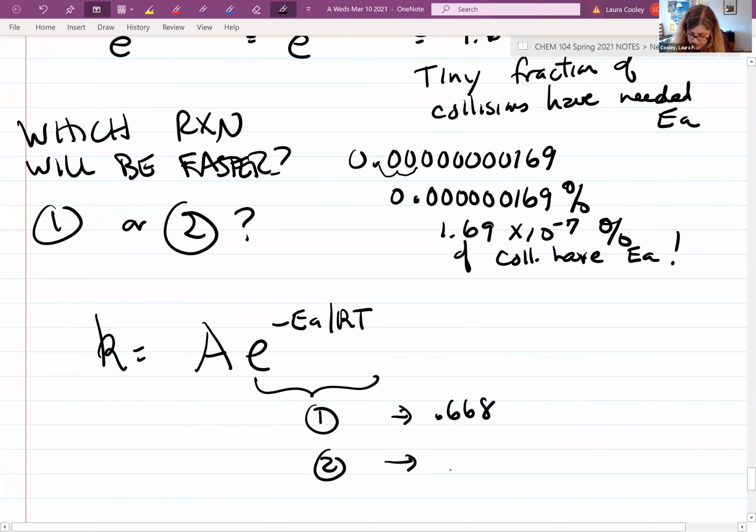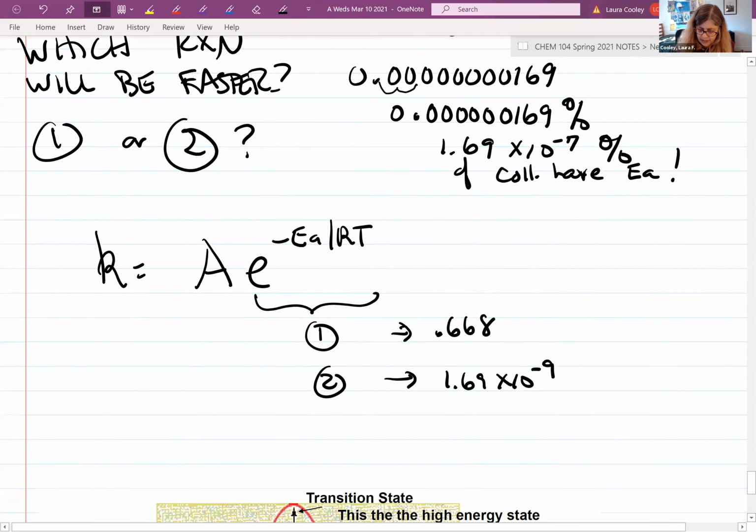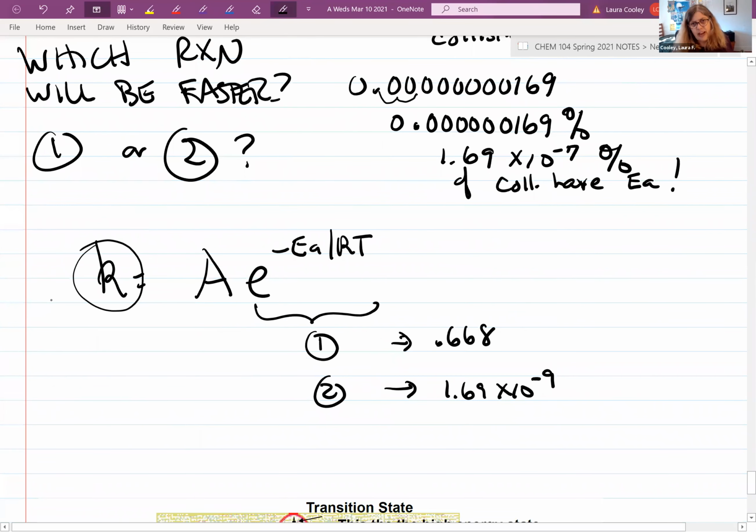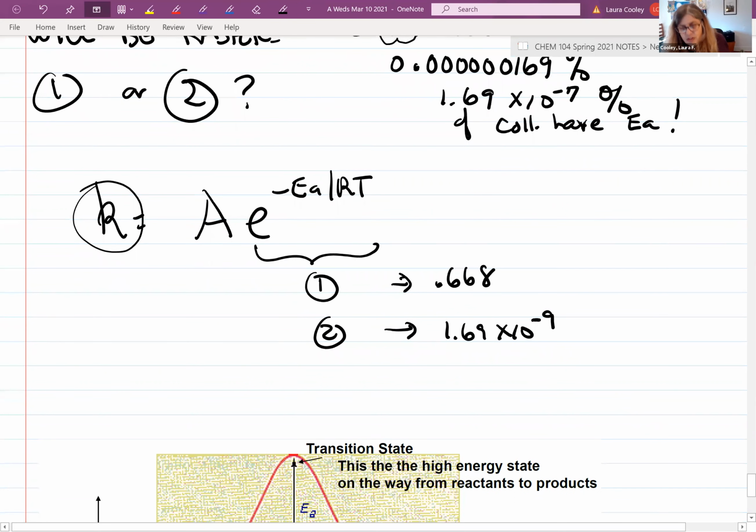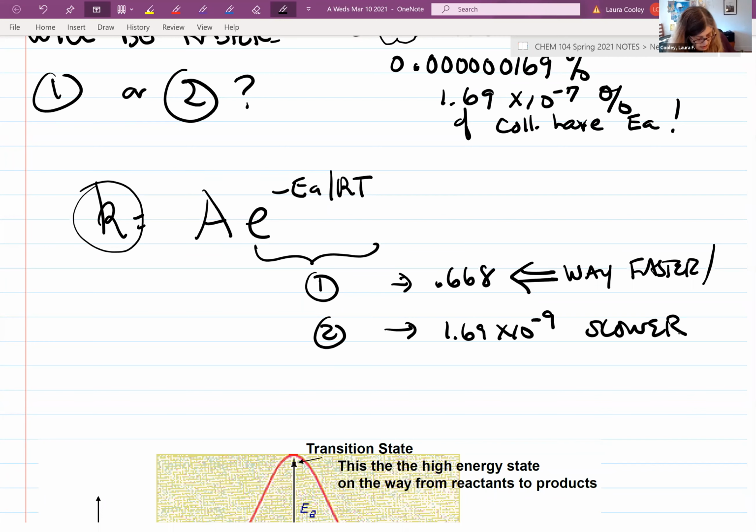For the other case, it's 1.69 times 10 to the minus 9th. These have a huge influence on the value of the rate constant, right? And so this will be way faster. This is going to be a lot slower because too many of those collision complexes just don't have that energy that's needed to go over that barrier.